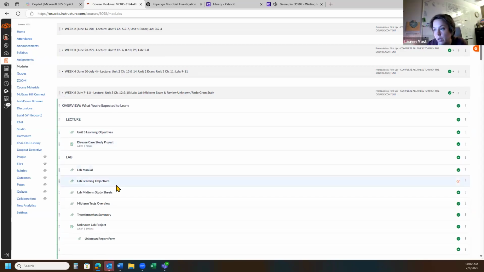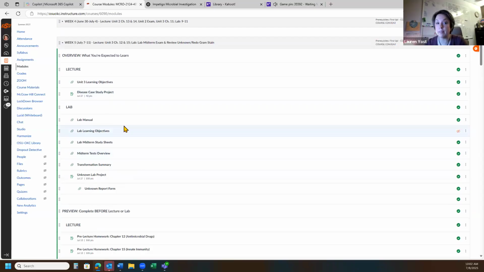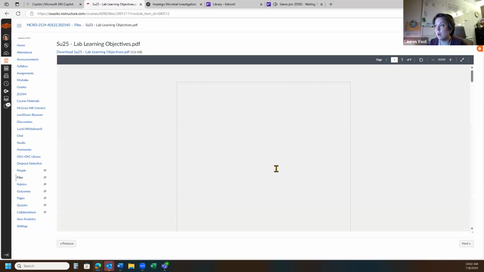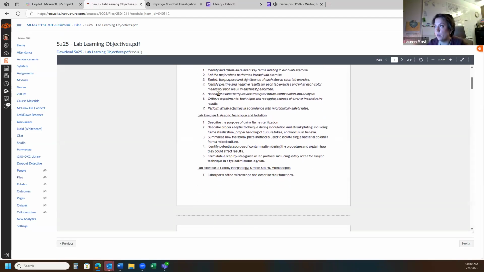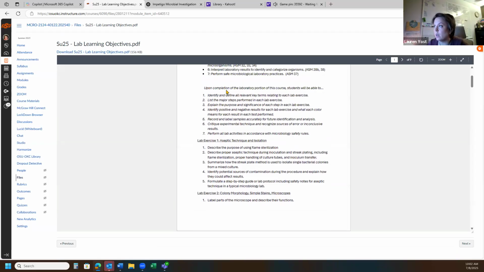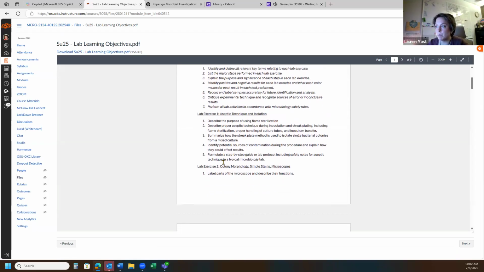Okay, so here in week 5, we can see we have the lab manual here, which will have all of the information you could possibly get tested over. But if you want to break it down into learning objectives, we do have the lab learning objectives here set up in a similar fashion. We have the general ones up at the top that apply to every lesson, and then lesson specific ones.